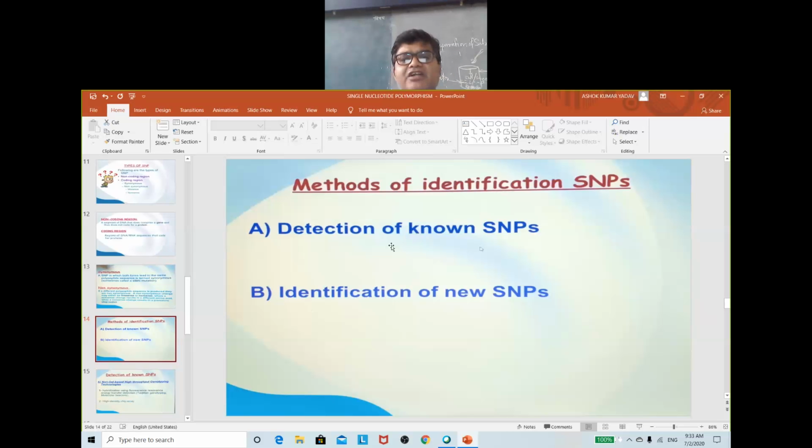One is detection of known SNP and the other is identification of SNP which is not known till now.